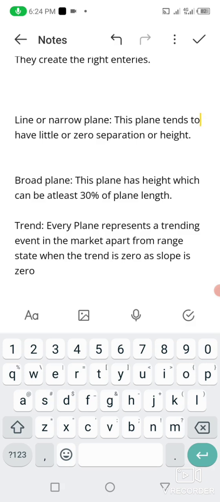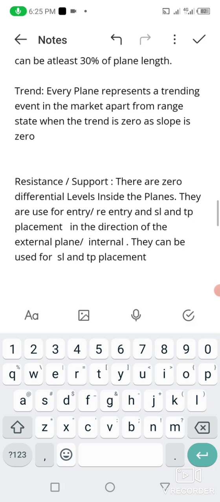And because the plane is broad, when there is a breakout, most times the breakouts are fake-outs, because of the influence of the plane height. If the breakout length is less than the plane height, the breakout is likely going to be a fake-out. But if it is greater than or equal to the plane height, it's likely going to be a real breakout. Okay, now we'll talk about trend.